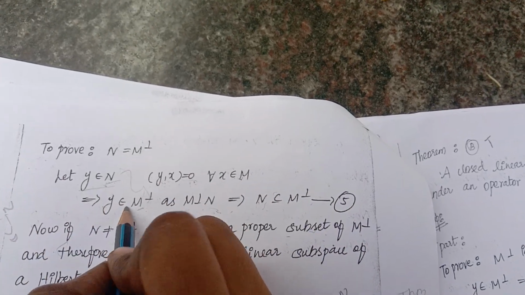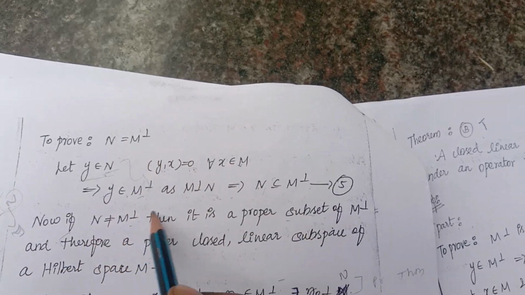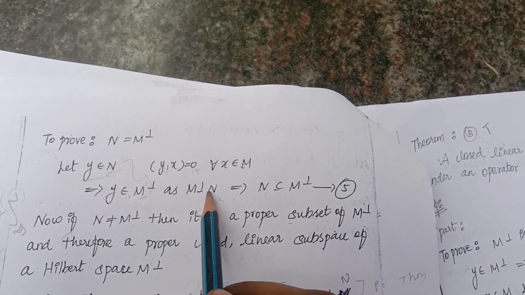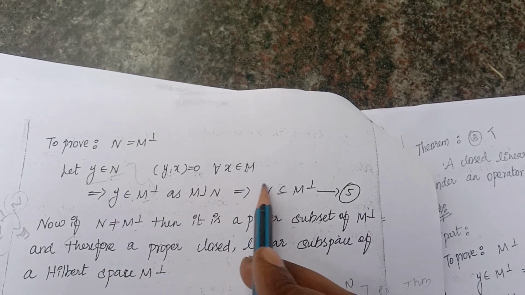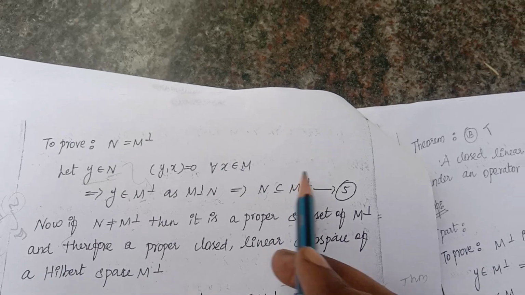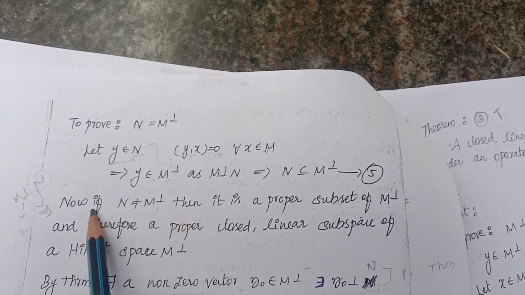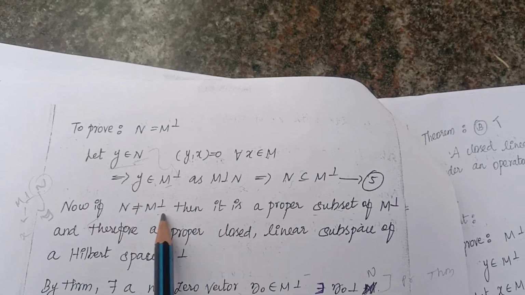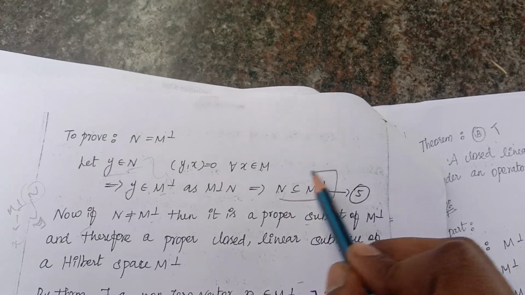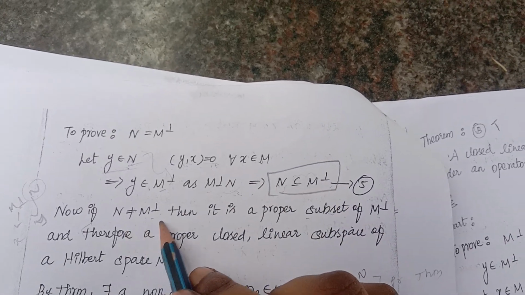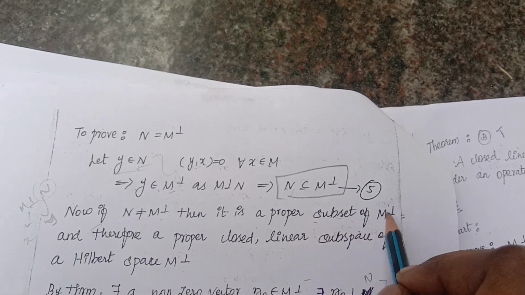So y belongs to M orthogonal, so N is contained in M orthogonal. Now we take N not equal to M orthogonal, which means N is a proper subset of M orthogonal.